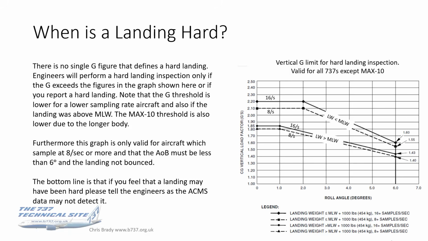Nose wheel landing inspections are something which can create quite a problem for engineers. So the thresholds are lower on the Max 10. So that graph is only valid for aircraft which sample at 8 samples per second or more, and the angle of bank got to be less than 6 degrees, and the landing wasn't bounced, because with a bounced landing there is a real risk of a nose wheel landing.